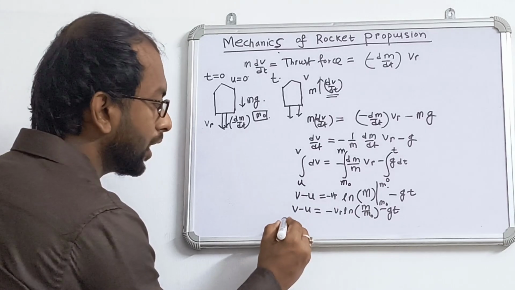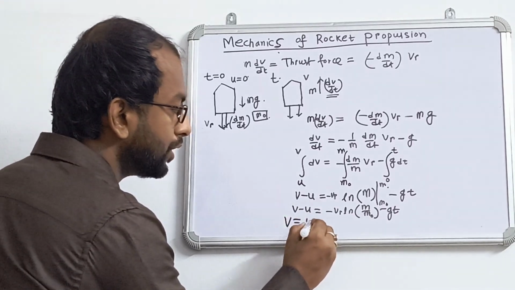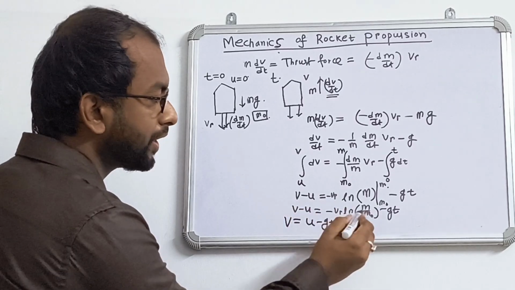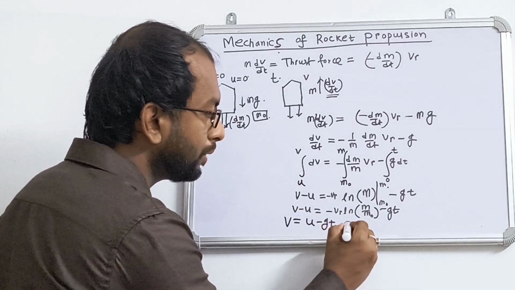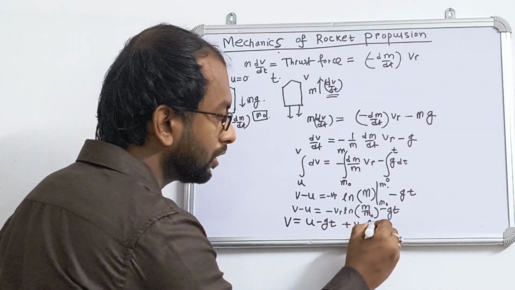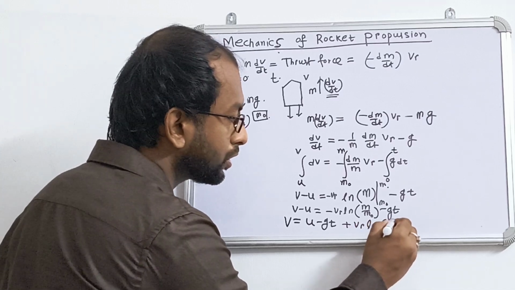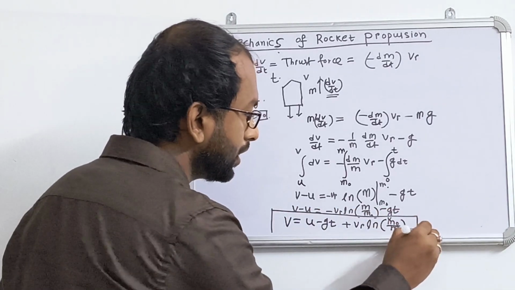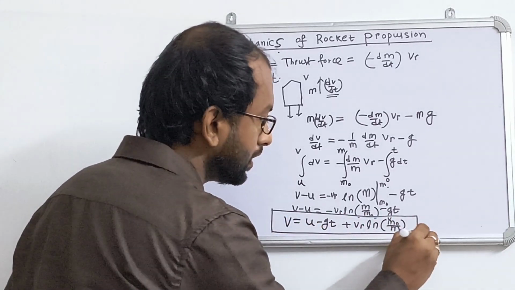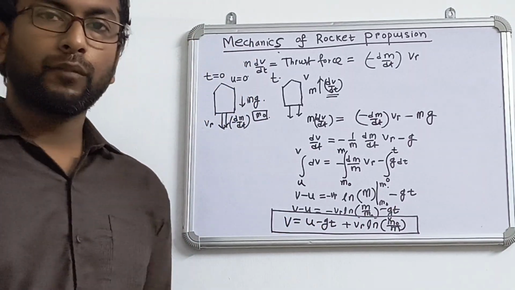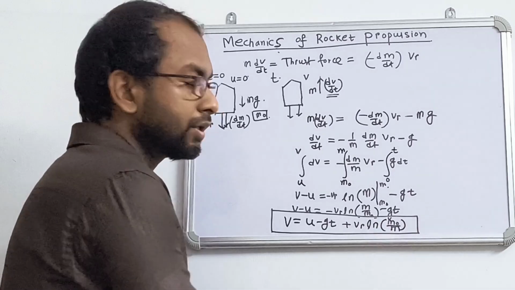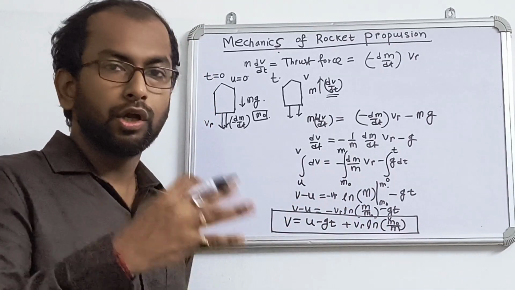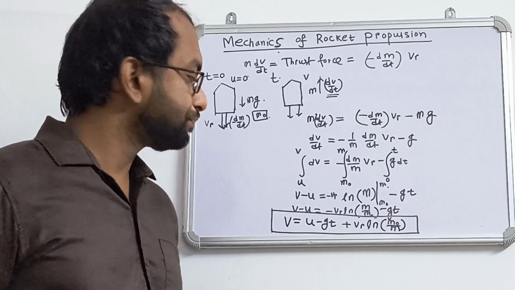So v, we can write, v equal to u minus gt, and this minus will go inside the log, then it will be plus Vr ln(m naught/m). So this is the velocity at time t if the initial mass is m naught and at any point of time the mass is m. So this is the equation of the velocity of the rocket.